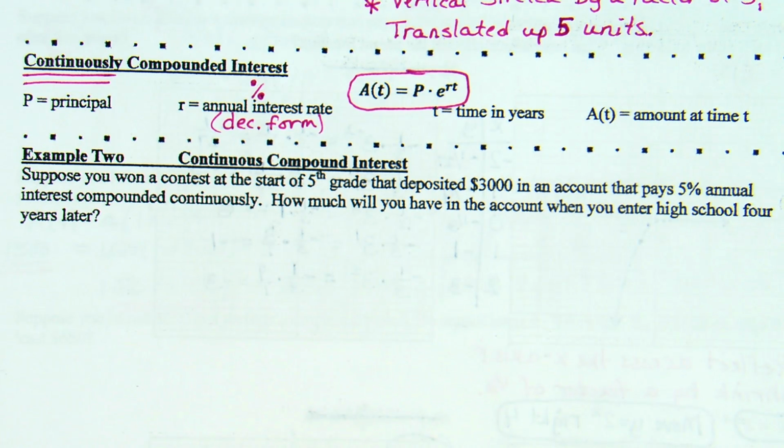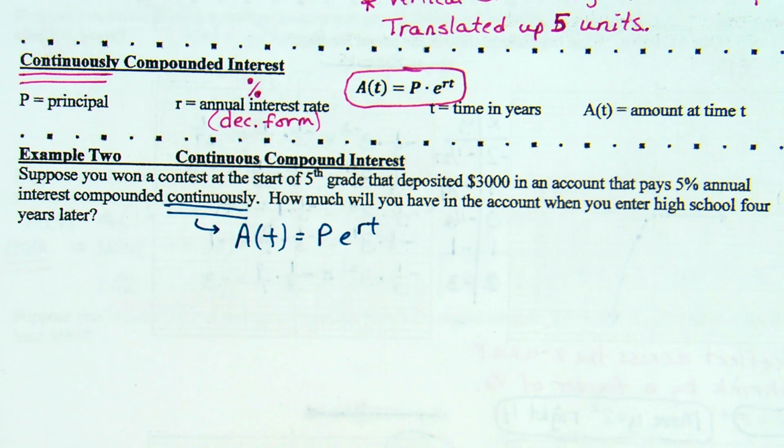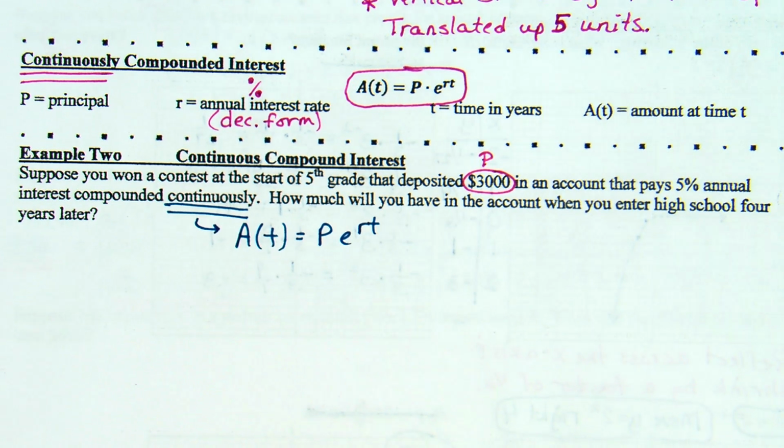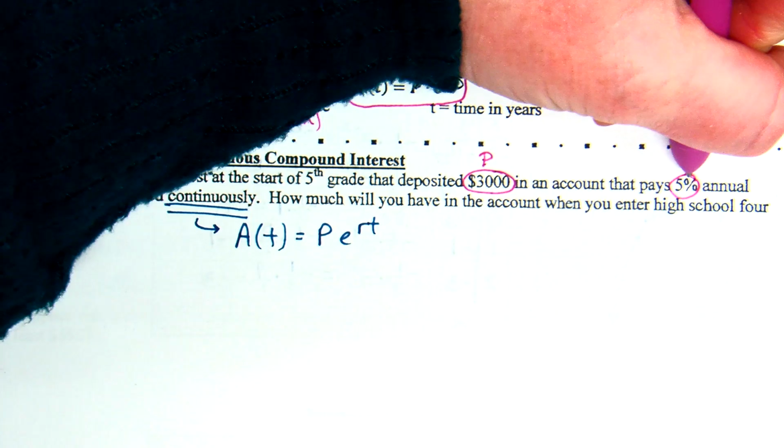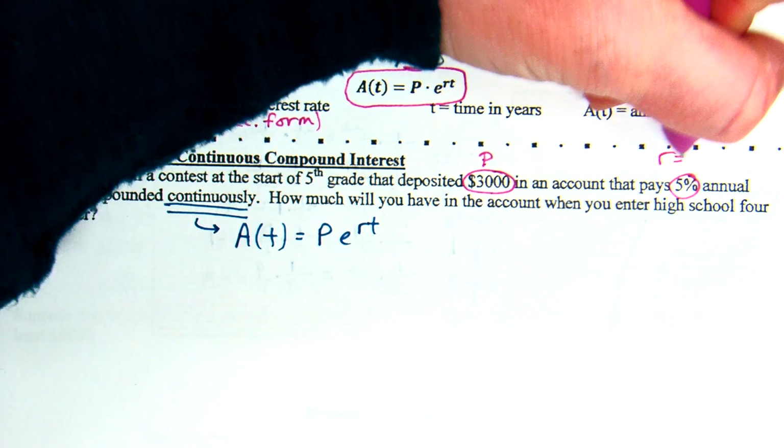Okay, 5% annual interest rate as a decimal, 0.05. And, yeah, they're asking about 4 years later when you enter high school. They're not even making you do the math of figuring out how many years that is. They're telling you 4 years.